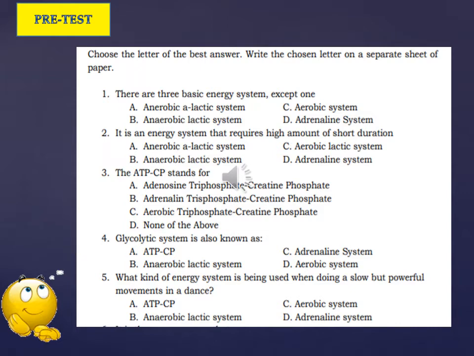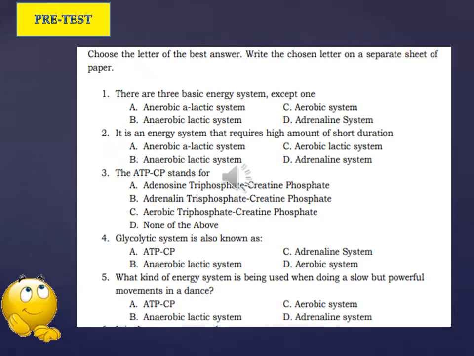Glycolytic system is also known as, so this is number 4. Glycolytic system is also known as A. ATP-CP. B. Anaerobic lactic system. C. Adrenaline system. And letter D. Aerobic system.